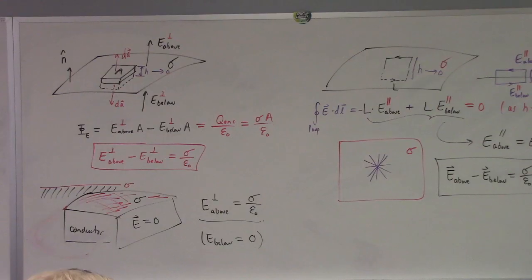Because you can build the electric field from the perpendicular part and the parallel part. Parallel parts match. Perpendicular parts have to differ by the surface charge density divided by epsilon naught. So, there it is.